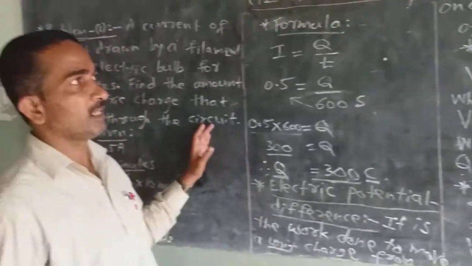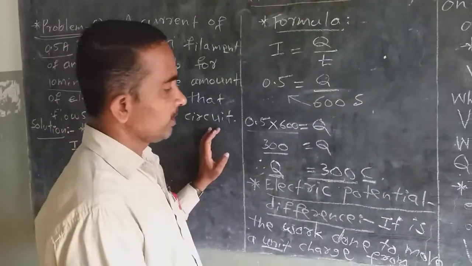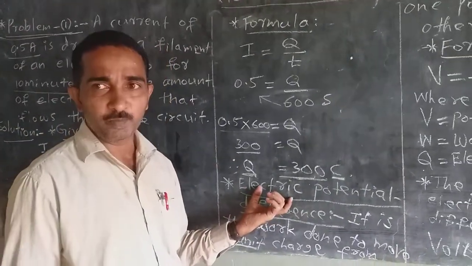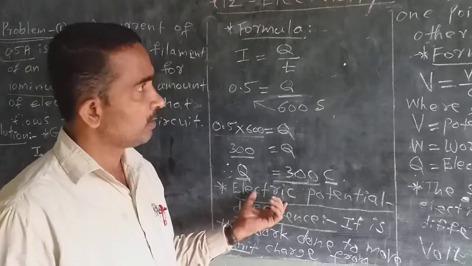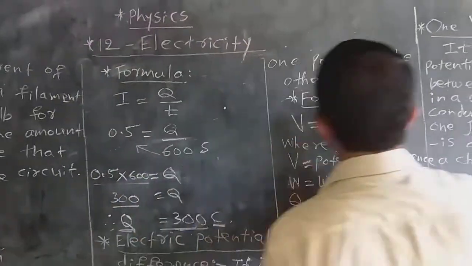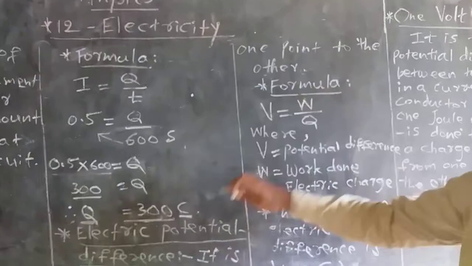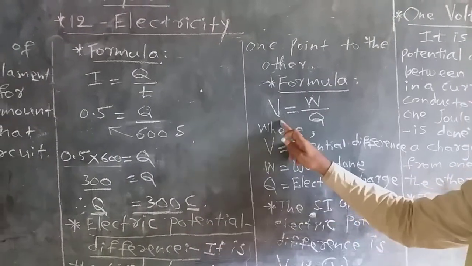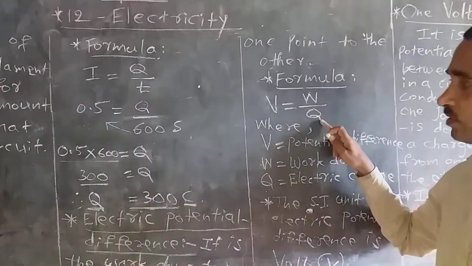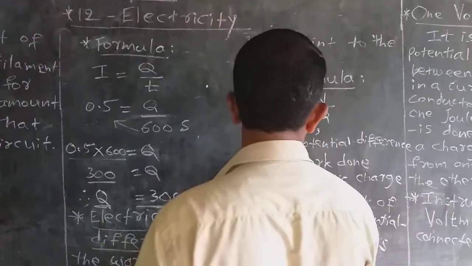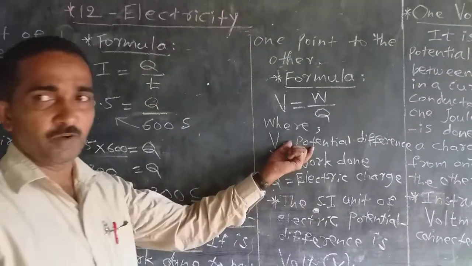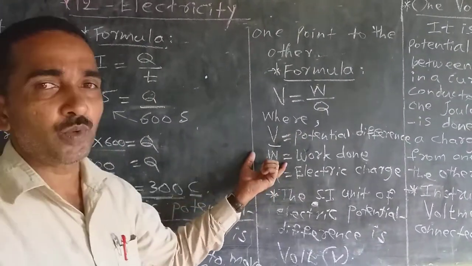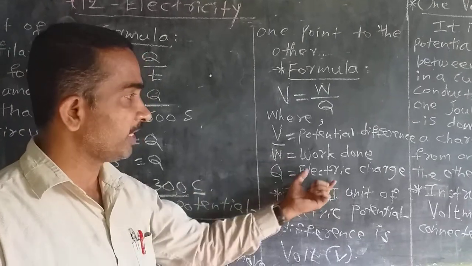How much work is done? That work done is called as what? Electric potential difference. The formula to find out electric potential difference, V equals W by Q. V means potential difference, W means work done, Q means electric charge.